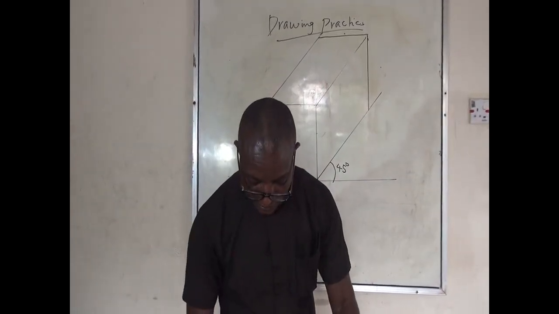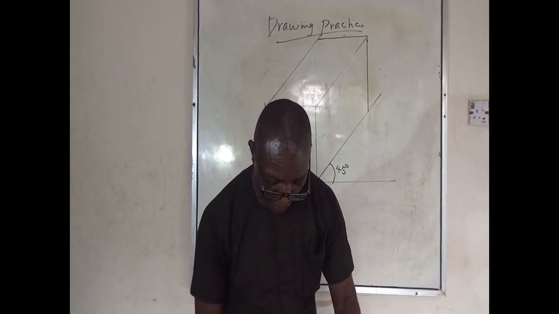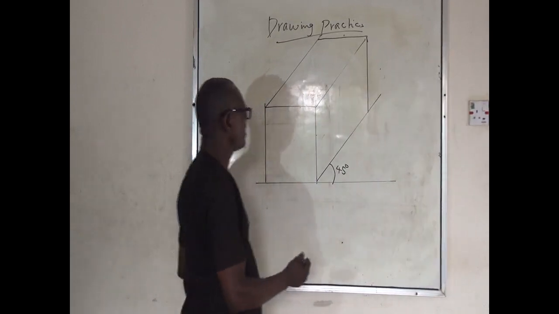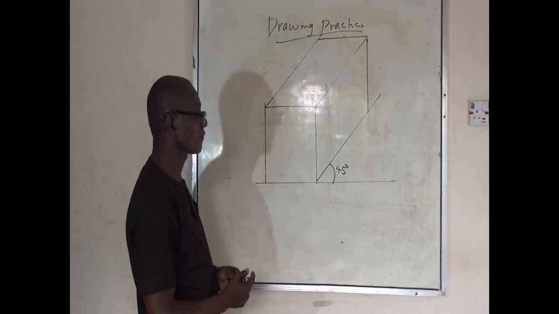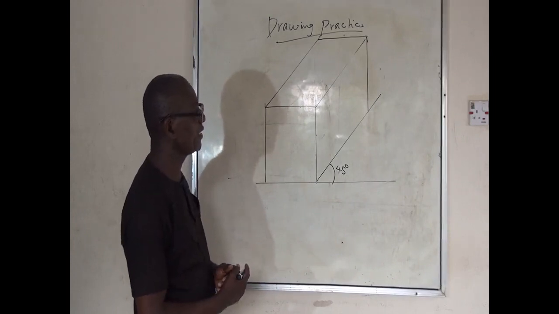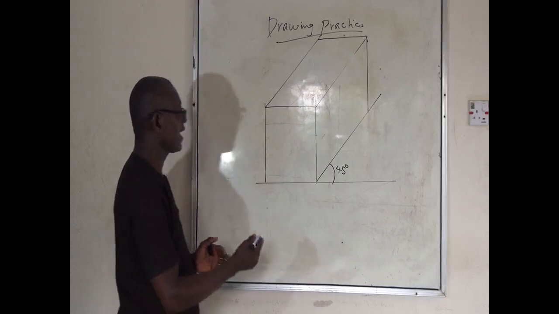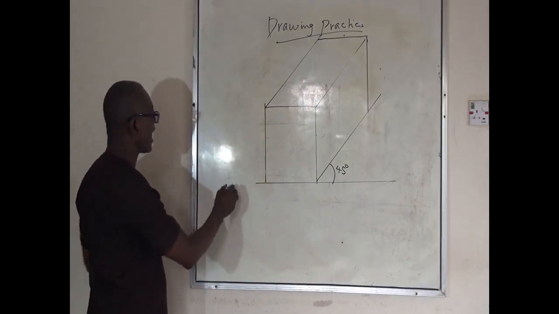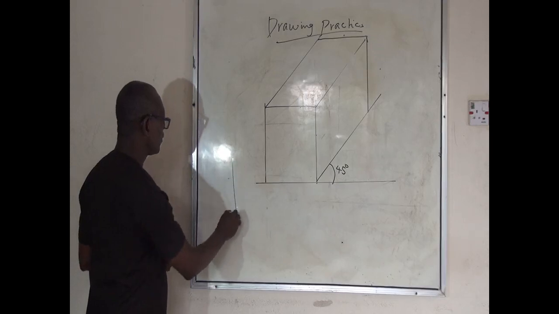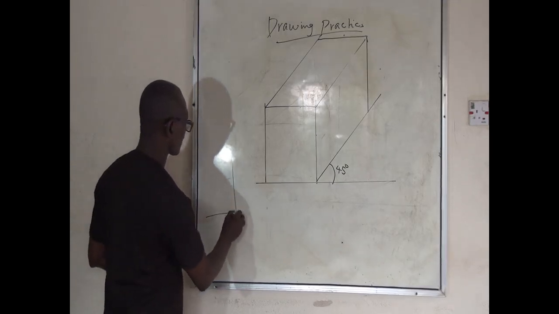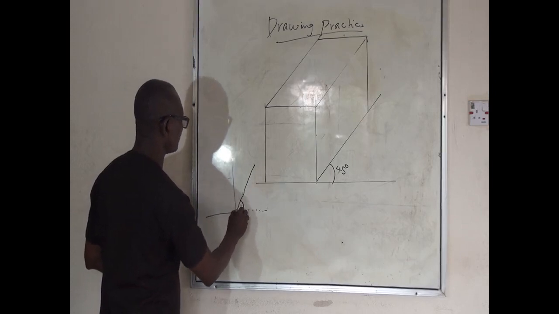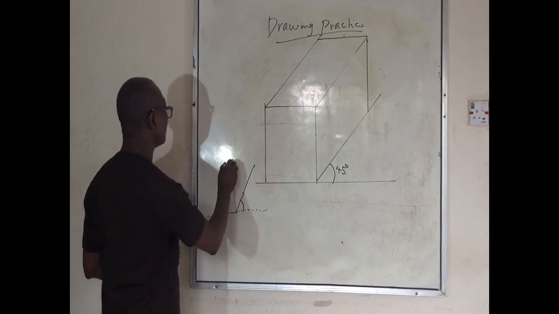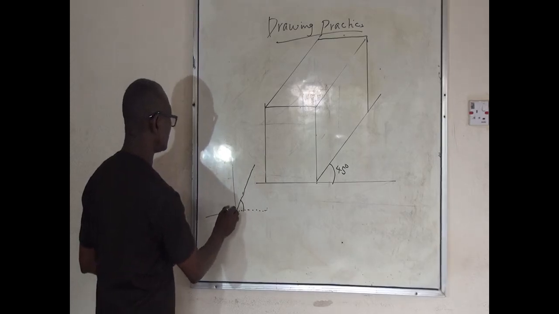So that is the oblique drawing. And the major thing also is that the oblique drawing also has axes, like we have in the isometric drawing. In the oblique drawing, the axes are also three. The receding line or the oblique line must be at 45 degrees. Then you have the horizontal and vertical that form 90 degrees.